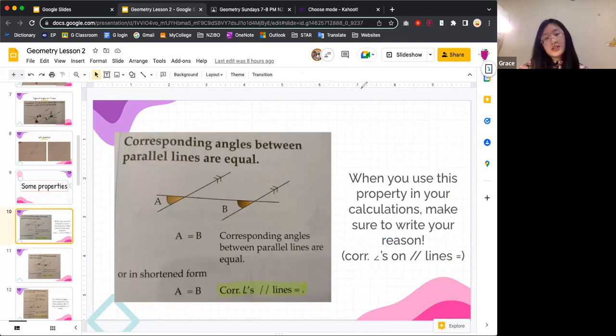And when you use this in your geometric proofs, you can use the reason that I've highlighted over there. This one here. So that is the reason that you would use when you're solving problems. Cool.